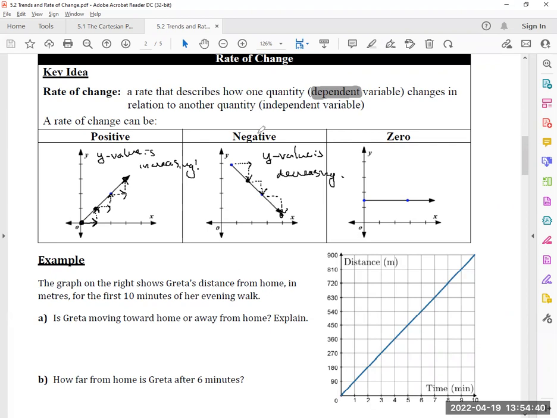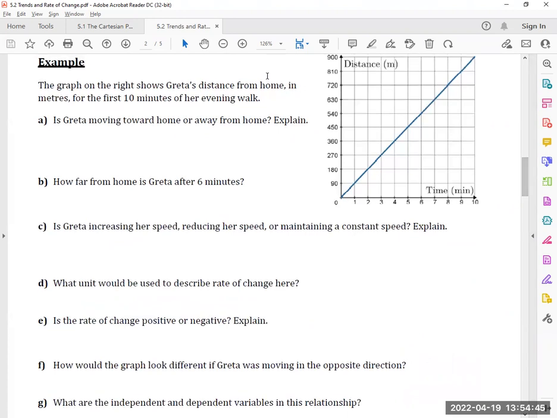Context, everyone. Context. The graph shows Greta's distance from home. So when I begin, how far away is she from home? 0. Okay, she's 0 meters away from home. Think about what that means. 10 minutes after, she is 900 meters away from home.